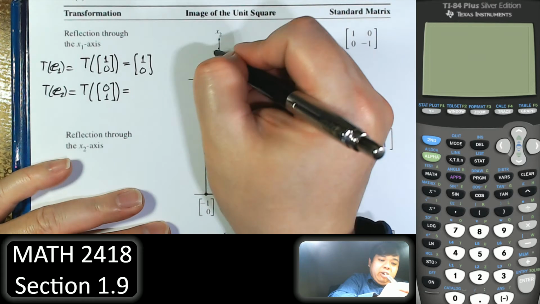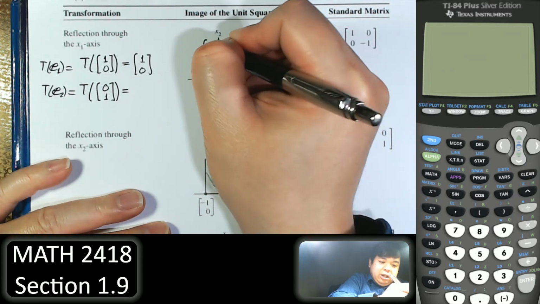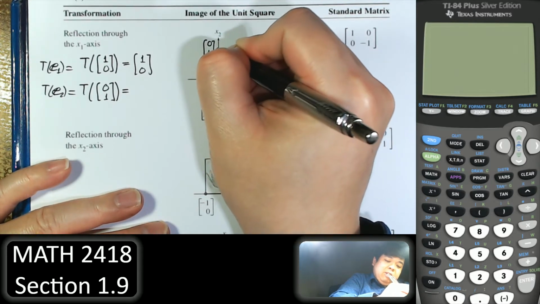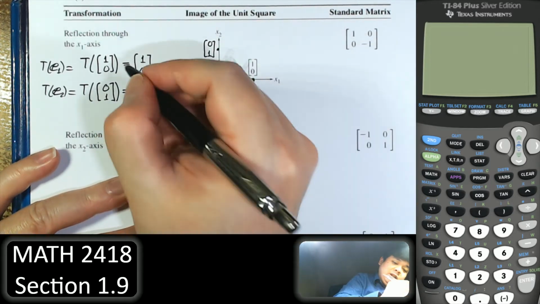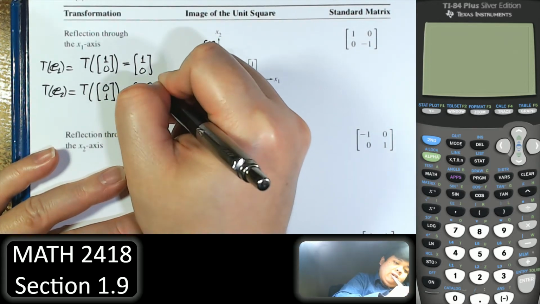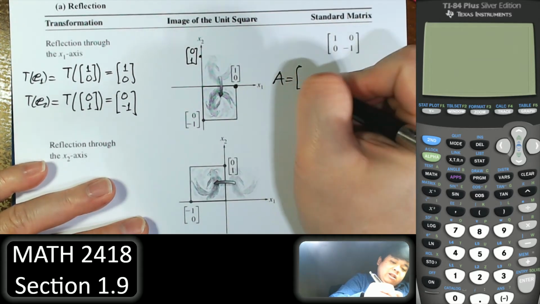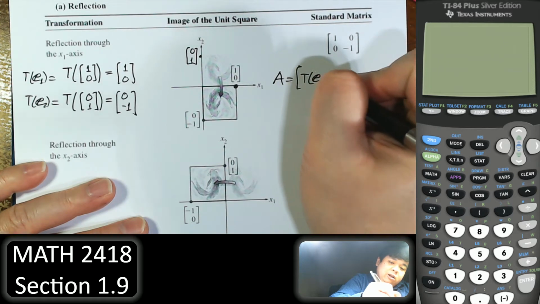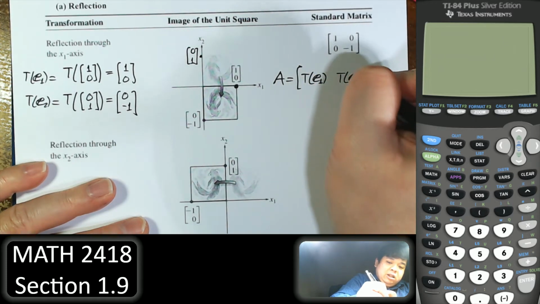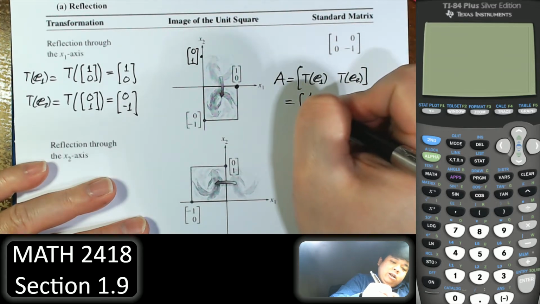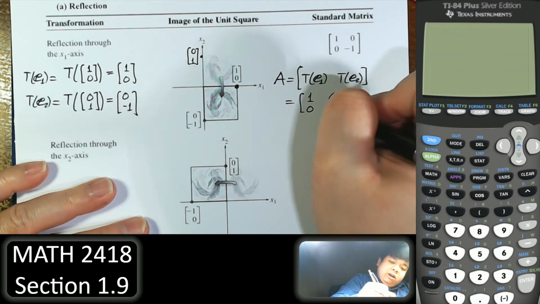This is the reflection, so originally this point is x equals 0, y equals 1. Apply to this, gives us 0 and negative 1. So the standard matrix, we're just going to stack T of e1 next to T of e2. So we have 1, 0, and 0, negative 1.